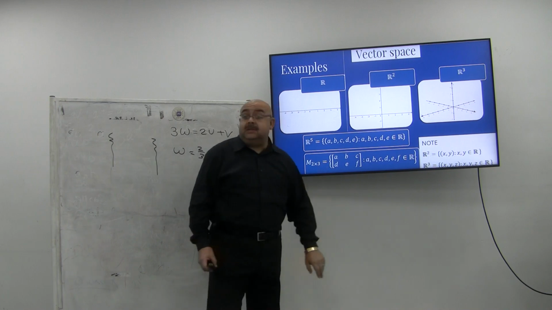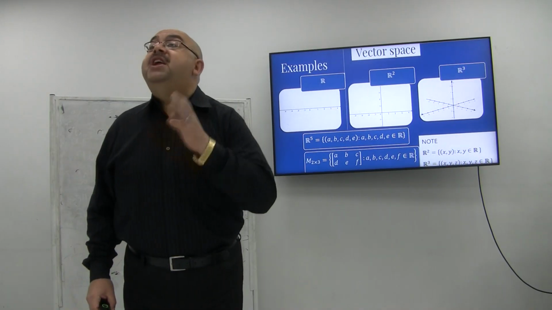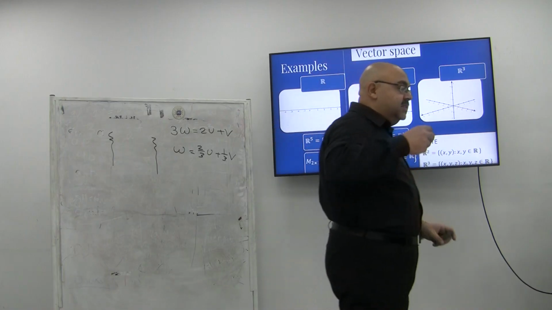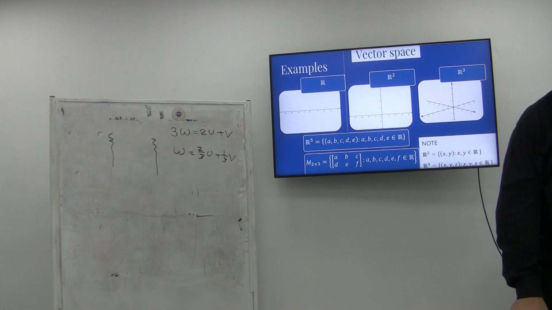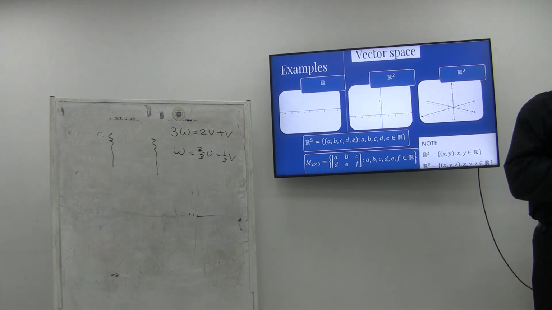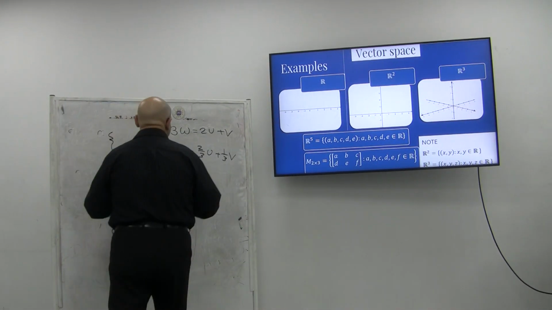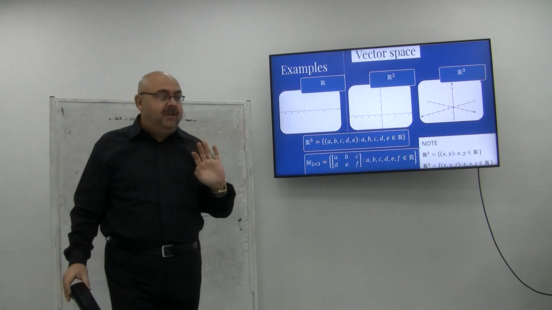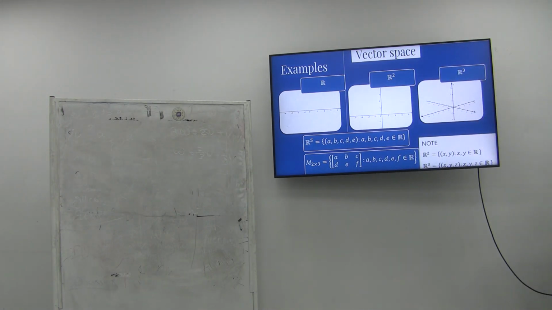Also, the set of matrices. Let's say the set of matrices 2 by 3, which means all the matrices of how many rows and 3 columns. Please think about the 10 commitments. For all the matrices of 2 by 3, do all the properties hold? First thing, one of the matrices of 2 by 3 is the origin: 0, 0, 0, 0, 0, 0.